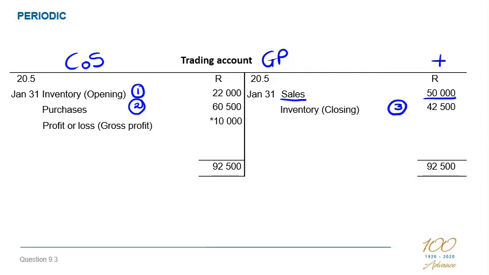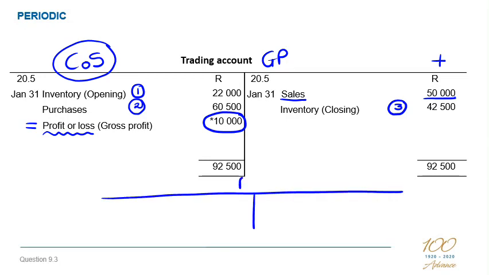So those 3 steps will get me to cost of sales. So sales minus cost of sales equals gross profit, which is closed off to the profit or loss account, so that I can start off my profit calculation in the profit or loss account with my 10,000 Rand gross profit, which I determined in the trading account.